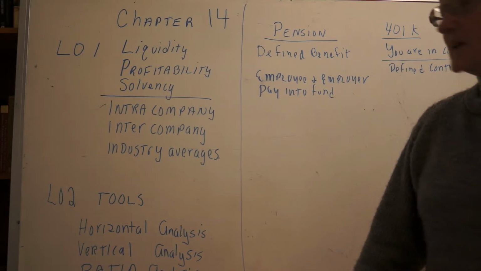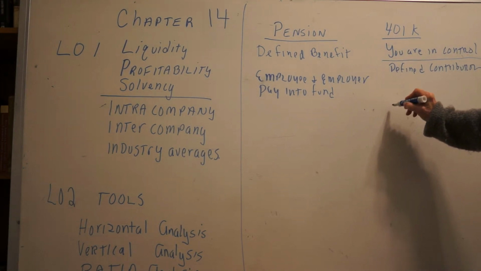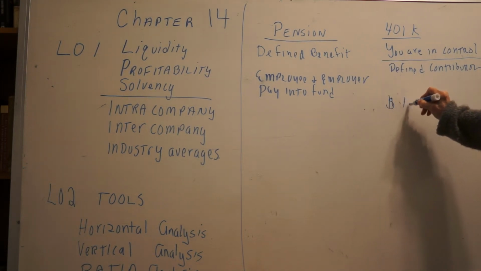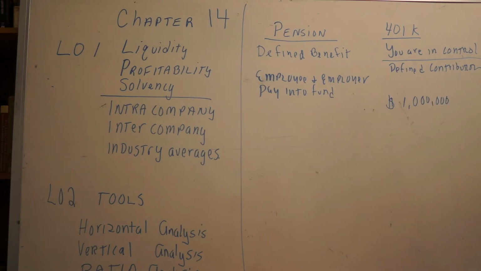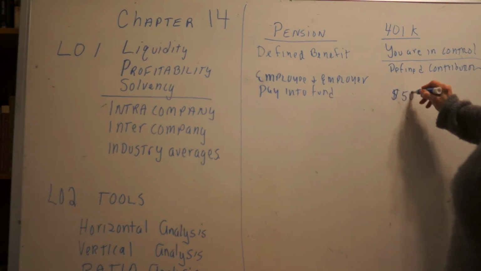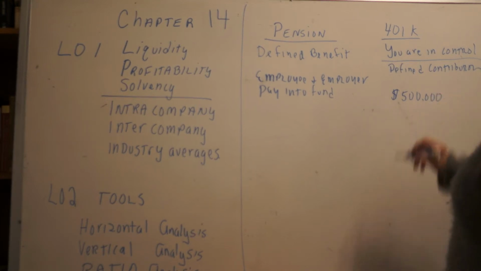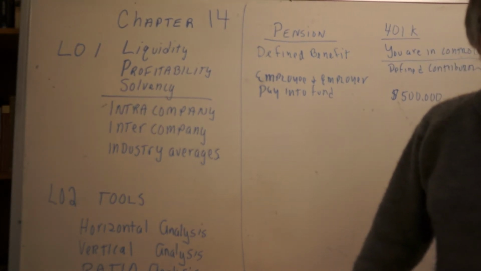And when you retire, you get all the money that you've built up in that fund. So, if you've got $1 million built up in your fund, you get that. I don't know that you have $1 million. Let's pick another number. Let's say you got 500,000 in the fund. When you retire, that's all yours. You've managed it.